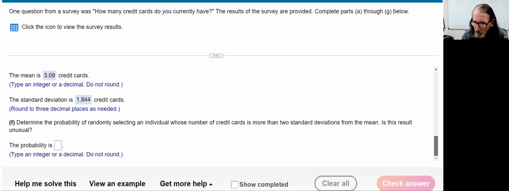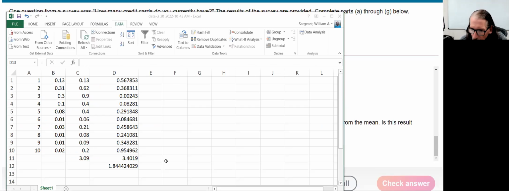Okay, what is the probability of randomly selecting an individual whose number of credit cards is more than 2 standard deviations from the mean? Well, our mean was 3.09. Let's do this. We're going to try this without any rounding.